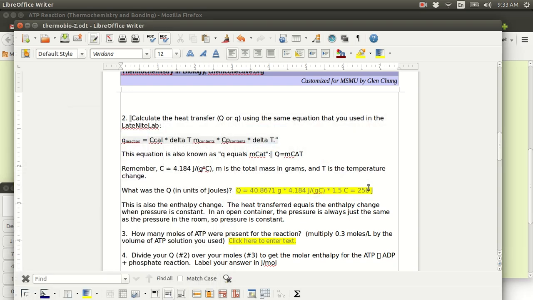Yes. However, this only has two significant figures. So the rule in multiplication and division is the answer can only have as many significant figures as the lowest number of significant figures of all the numbers. So there are two significant figures here, 4 here, and 6 here. So I want my answer to have two significant figures, so I round this to 260.